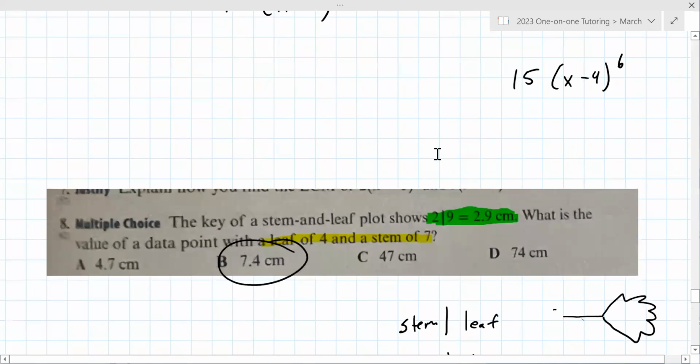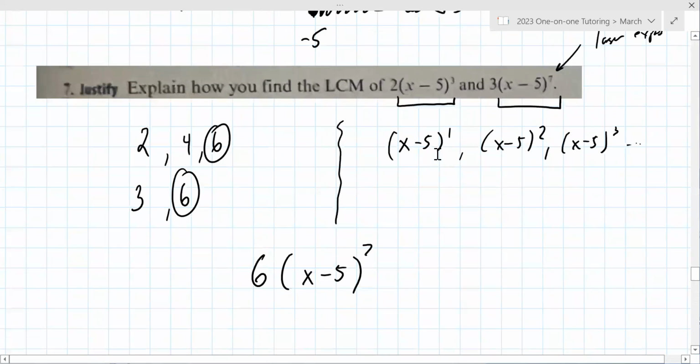All right, so you said 7. Do you mean just to give you another one of these? Yeah. Okay, so we have 2x plus 1 squared, and then 7x plus 1 cubed.